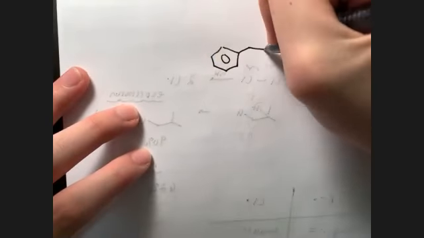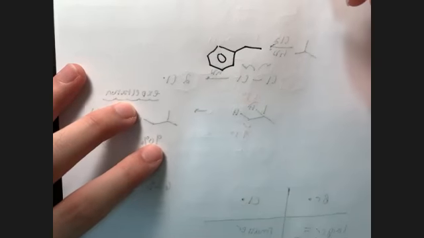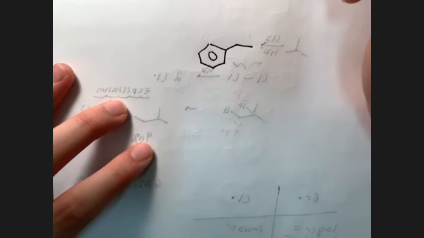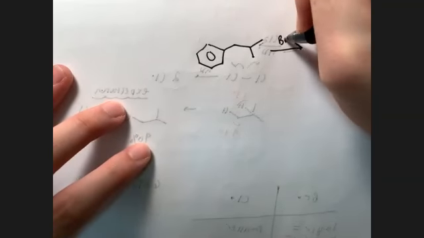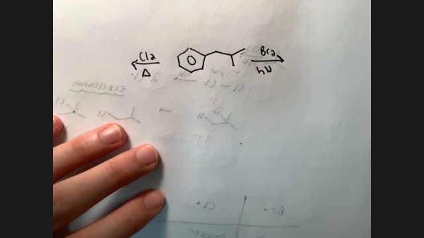Okay, so let me take this example. First I want to show bromination conditions, and then I want to show what happens under chlorination conditions.